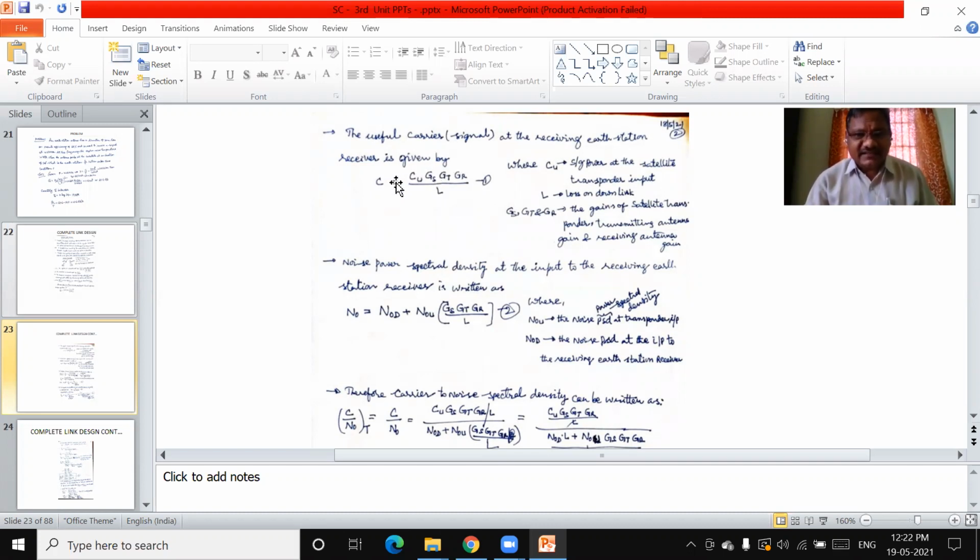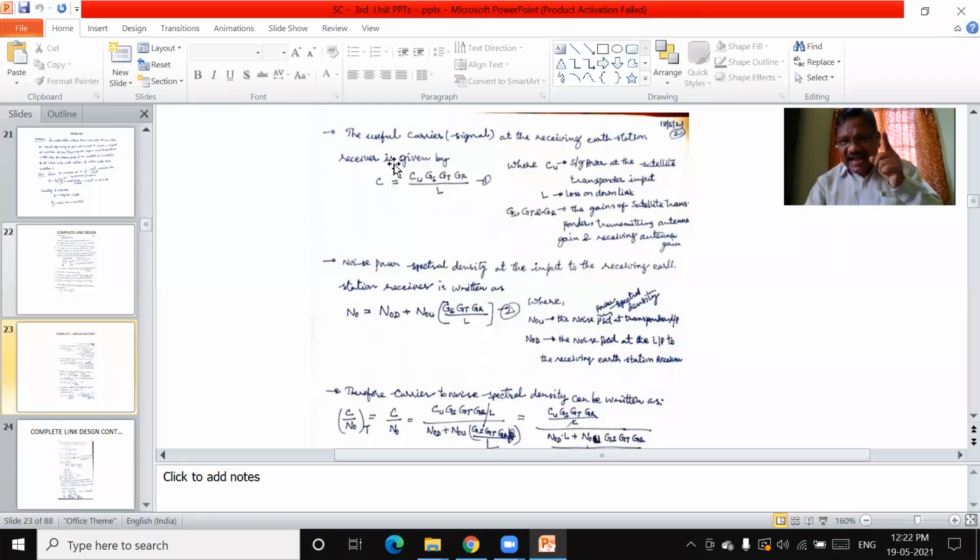As I said earlier, the complete link design is the combining of uplink design and downlink design. So here we are going to see the received power at the receiving antenna of the earth station, that is the carrier power, the useful carrier.